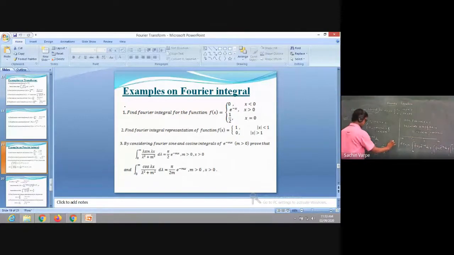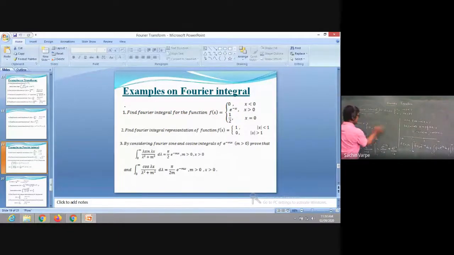At upper limit x equal to 1, it will be just minus i lambda, right? And at x equal to minus 1, into minus 1 plus, it will be e raised to i lambda upon i lambda, isn't it?